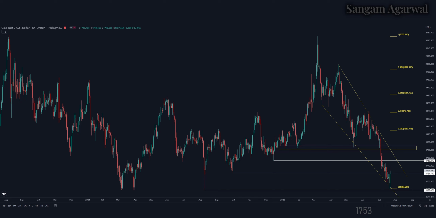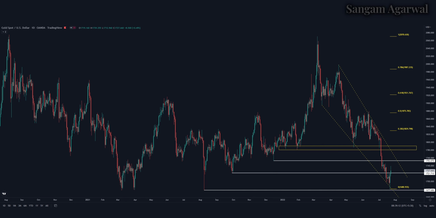If this is a correction, then price can again make a sideways correction before the final drop to 1560, or if this is the bottom trend reversal after this chart pattern, then it will break all of this resistance one by one up to the 38% retracement at 1829.